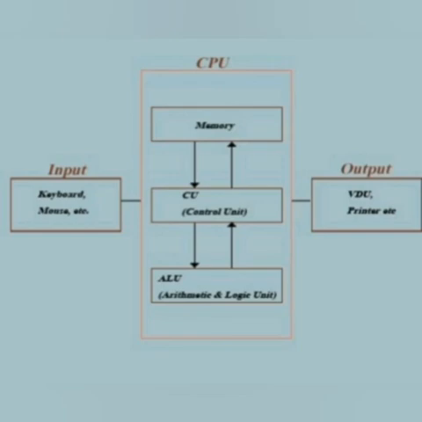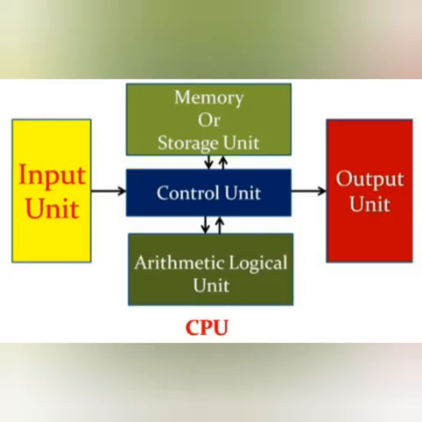Memory unit or MU. The memory unit stores all the data and instructions that need to be processed by the CPU. This memory is called the internal memory or the primary memory, which is also called RAM or random access memory.